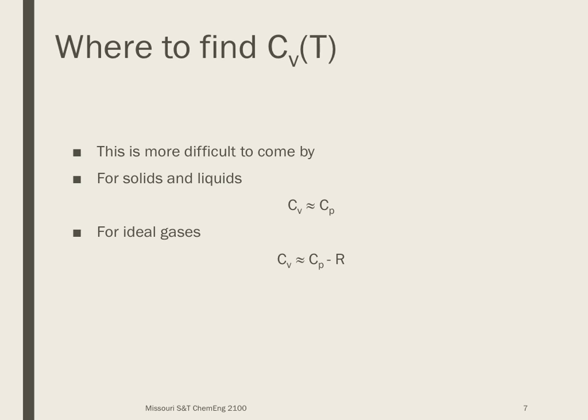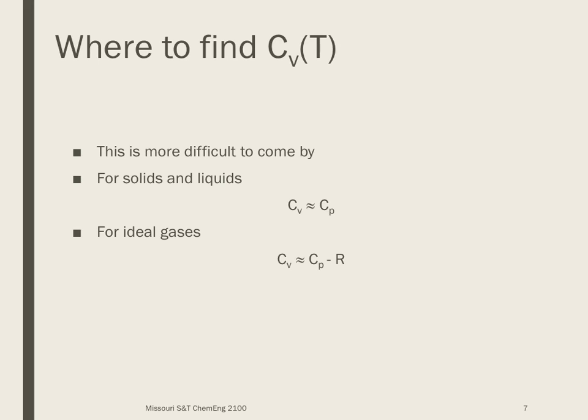Now in general, finding C sub V is going to be much more challenging. Most systems are going to operate at steady state. However, since there's a larger emphasis on small batch processes, particularly within the biochemical engineering fields and some other areas, C sub V becomes much more important.